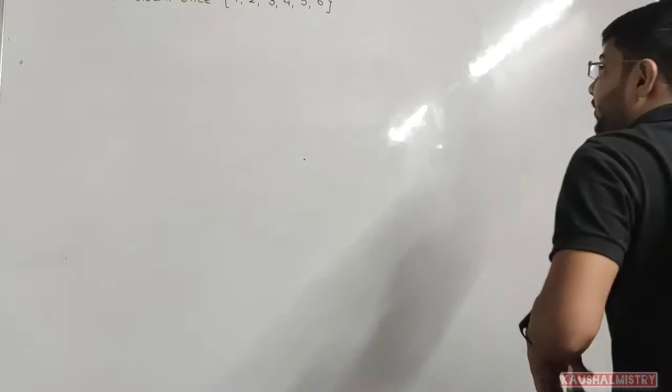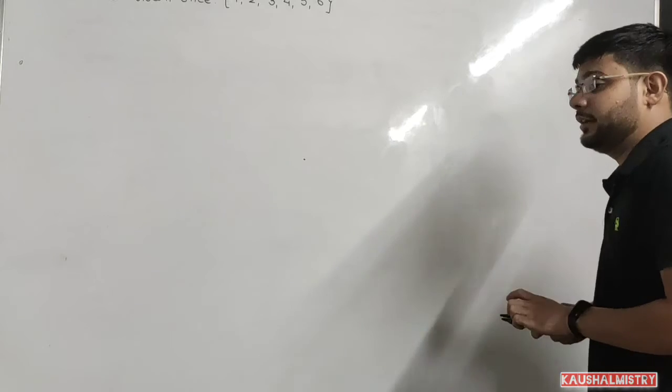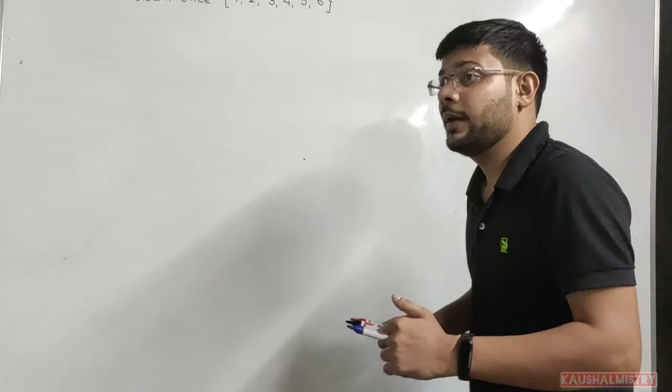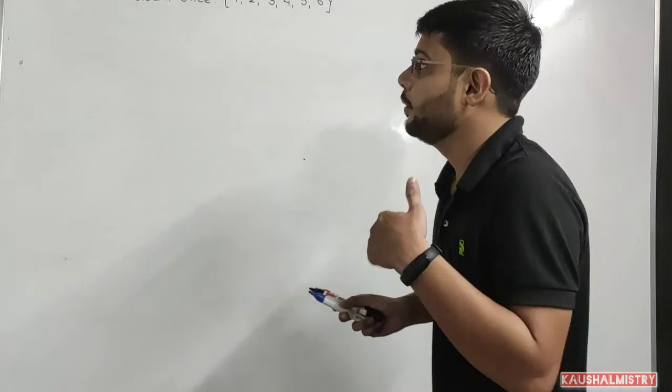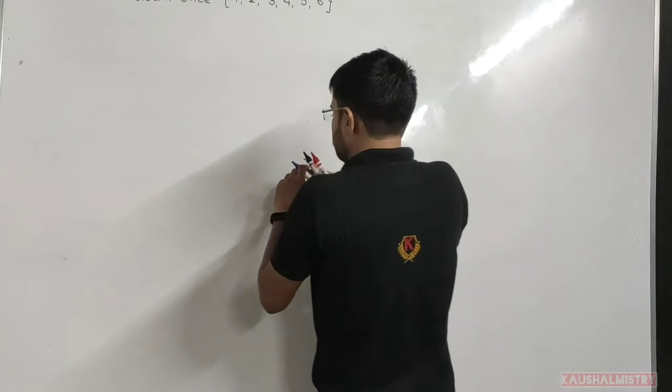Now if the question is asked that a die is thrown once and the probability of getting a prime number, so we will discuss.